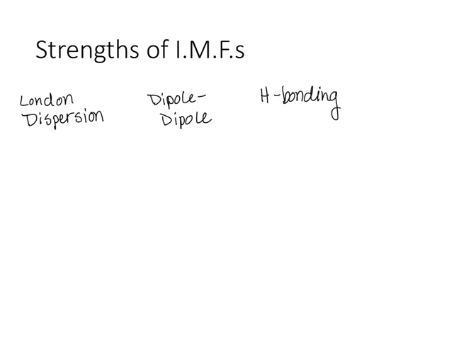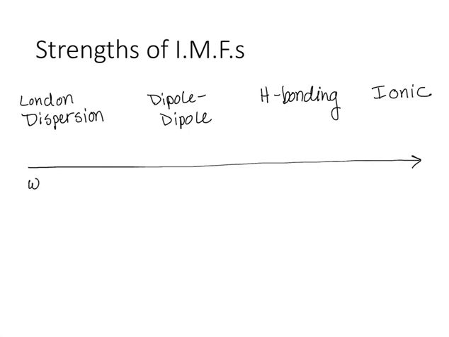There's actually one more intermolecular force, ionic bonding. Ionic bonding is stronger than hydrogen bonding by quite a bit. So if we draw an arrow here, we're going from the weakest force up to the strongest force. This would be our order of strength.